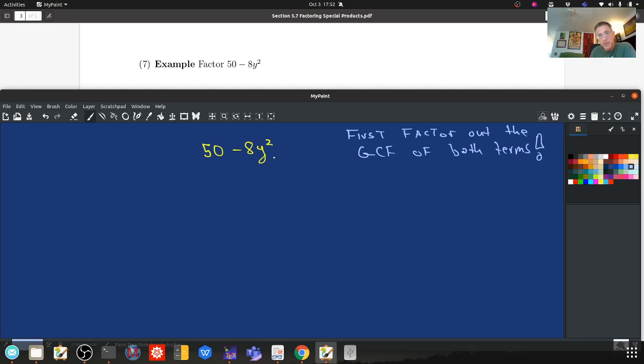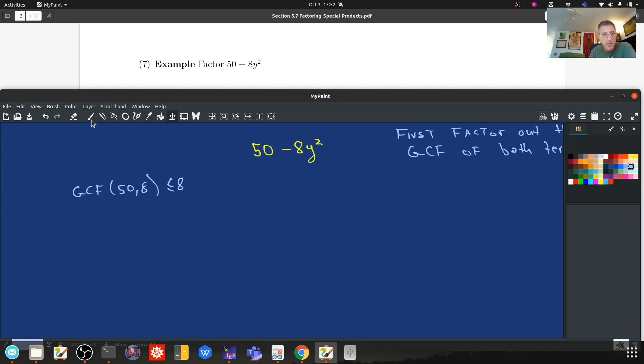Well, both terms don't share a y, so y is not going to be in the GCF. But 50 and 8 are both divisible by 2. Is 50 divisible by 4? No. So the GCF of 50 and 8, remember, we know it's going to be less than or equal to 8, but greater than or equal to 1.